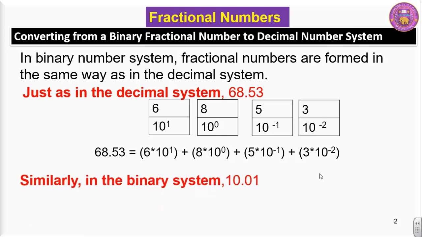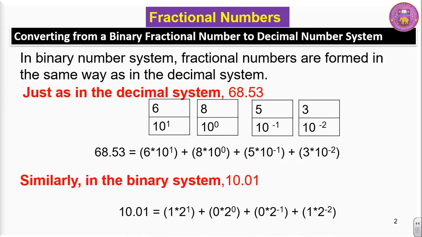Similarly, in the binary system, if the value is 10.01, this 10.01, it is in binary. So what we do is we write it like this: 1 multiplied by 2 raised to power minus 2, 0 multiplied by 2 raised to power minus 1, 0 multiplied by 2 raised to power 0, 1 multiplied by 2 raised to power 1.